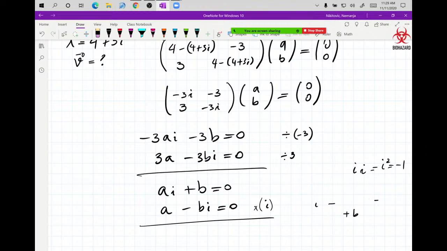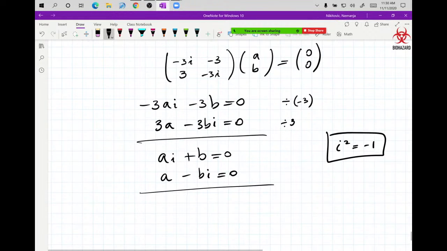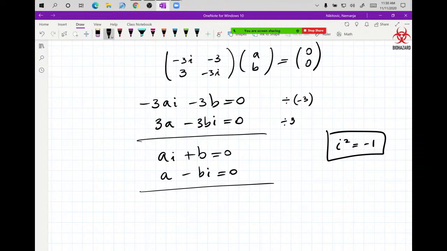And that's exactly what we needed, right? We need the same equation. Let me just write this. There we go. That was a requirement. So now I can go with either the top or the bottom equation. Doesn't matter. You can use the bottom equation. Say a equals bi. So let b be 1, in which case a is i.